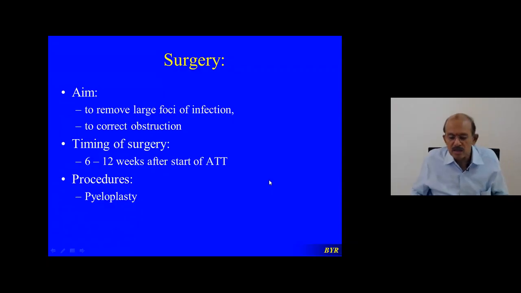Boari flap is for ureteric injury. Whenever there is ureteric injury of the lower end of the ureter, then you go for Boari flap. That is different. Hydronephrosis, you do pyeloplasty. That pyeloplasty is called Anderson-Hynes pyeloplasty. Very good.